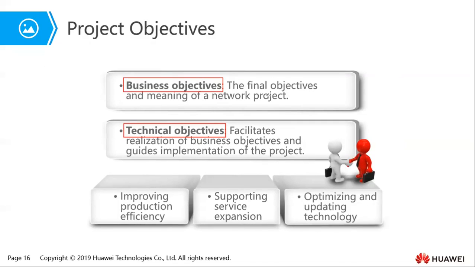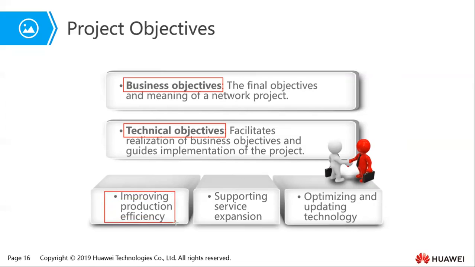So what is the final meaning? For example, it can be adding profits, cutting costs, improving production efficiency, etc. Then technical objectives. These facilitate the realization of business objectives and guide the implementation of the project. So what they really want to achieve.